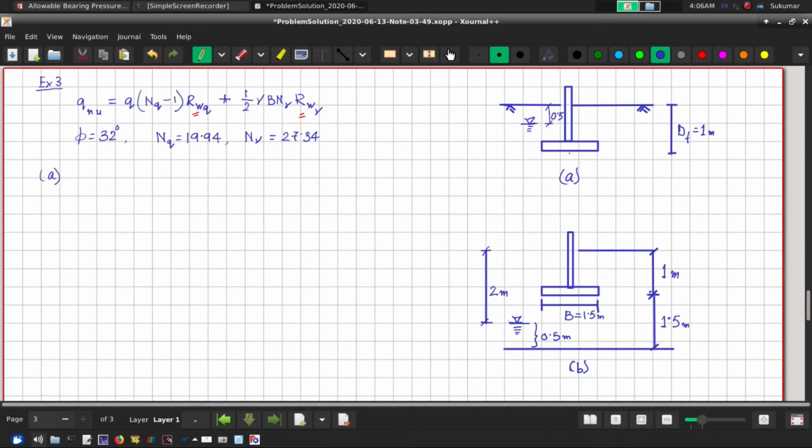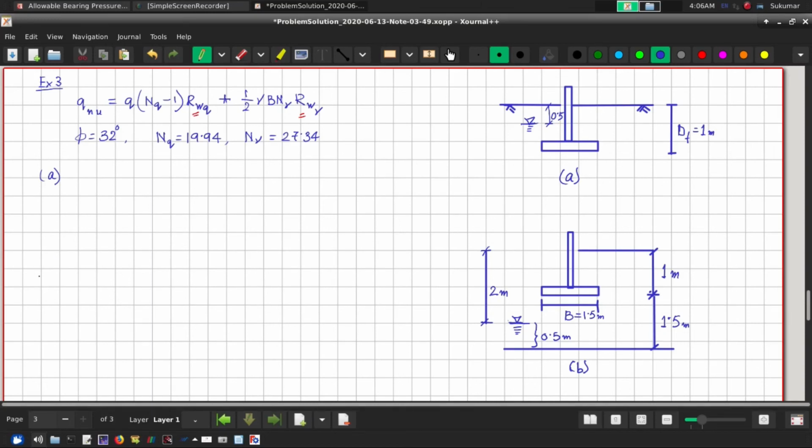So obviously RW gamma, which affects the soil below the foundation, will be 0.5. And since the groundwater table is not at the surface, RWQ will not be 0.5, but it will have to be obtained from the formula.